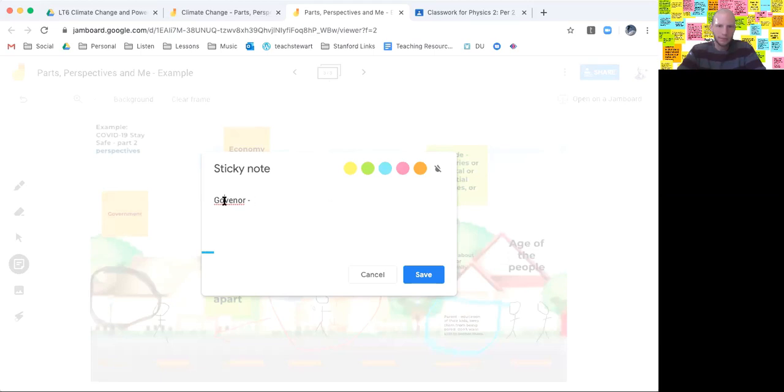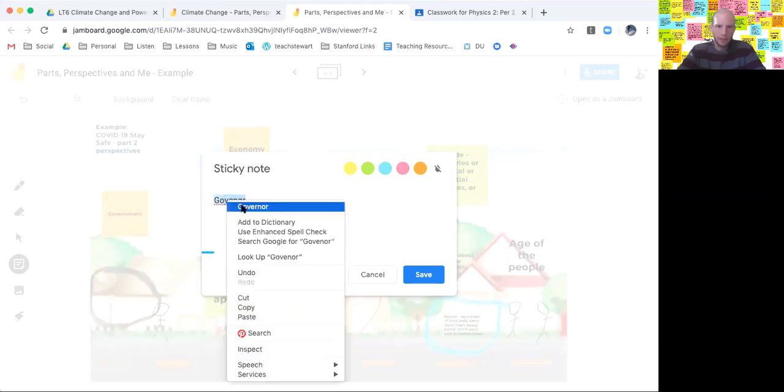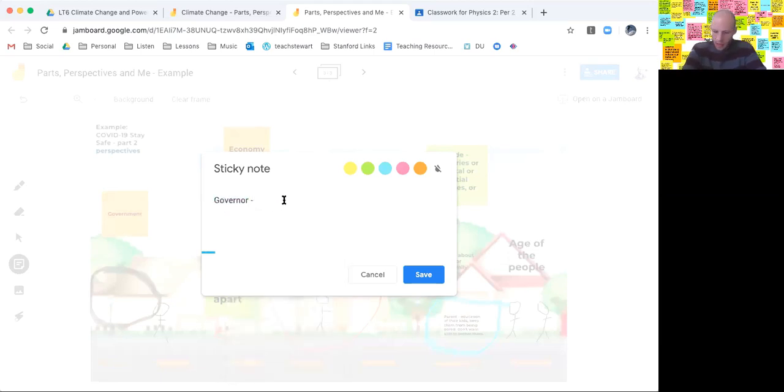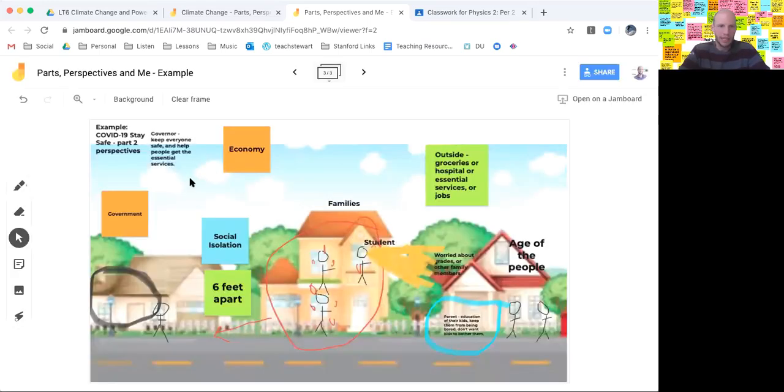I didn't spell that right. So let's see, it's going to allow me, governor. Their perspective might be about how do we keep everyone safe and help people get the essential services. So they might be considering that.